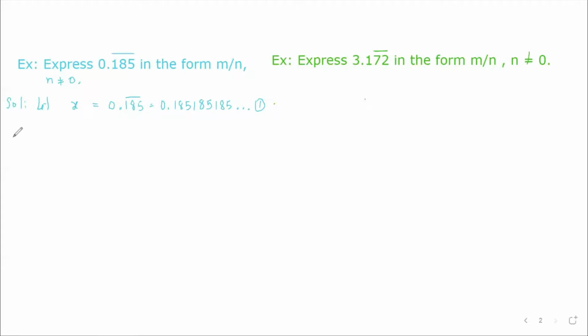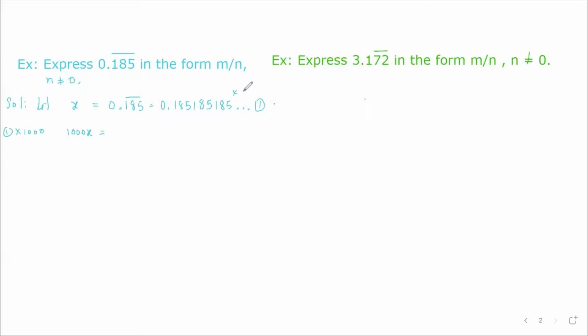We base it on 10, 100, 1000. So equation 1 times 1000, because there are 3 repeating digits, 185. So 1000 times x becomes 1000x, and we multiply both sides, right?